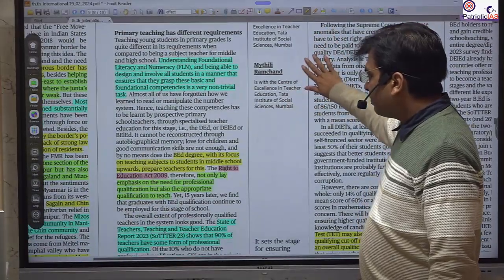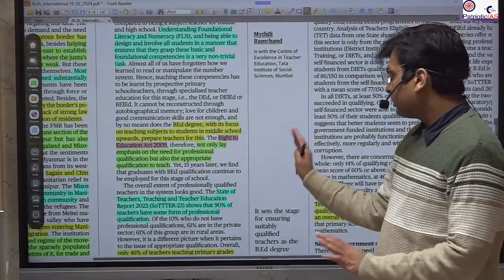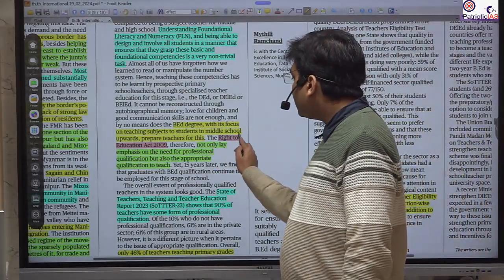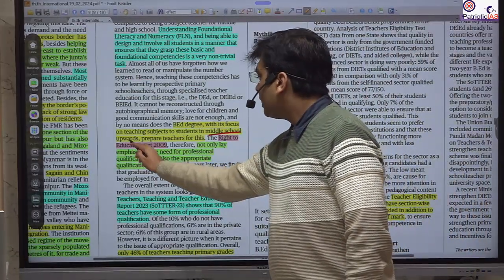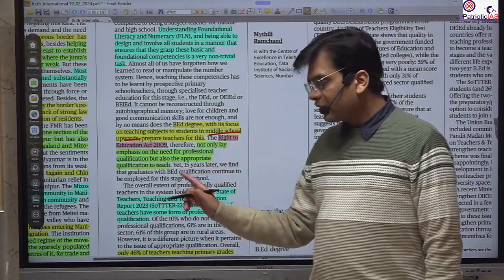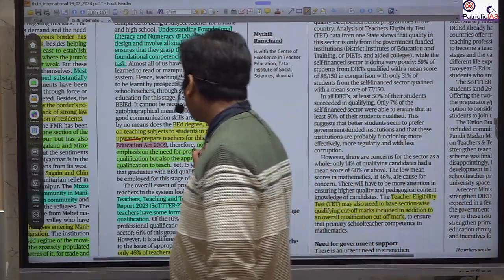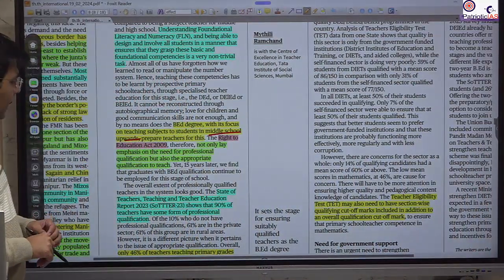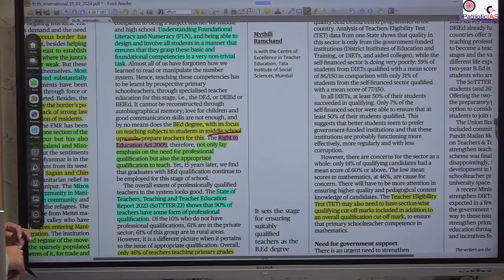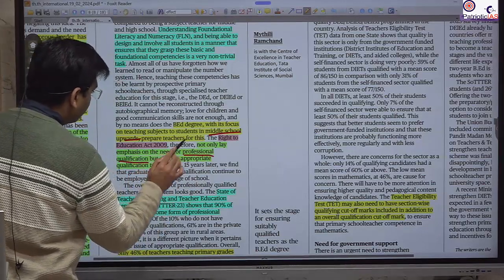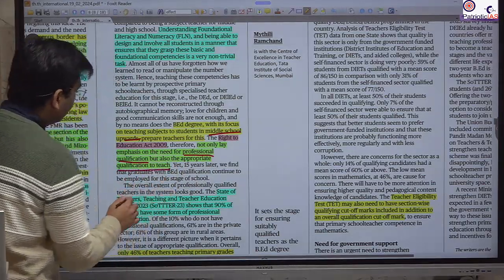Okay, but the BEd degree trains the person for teaching students from the middle school upward, and prepares teachers for this. So the Right to Education even talks about this: whenever you are going for teaching students at the basic elementary level, you need not only a professional qualification, but also an appropriate qualification to teach.